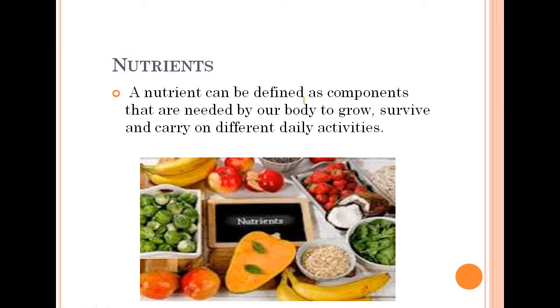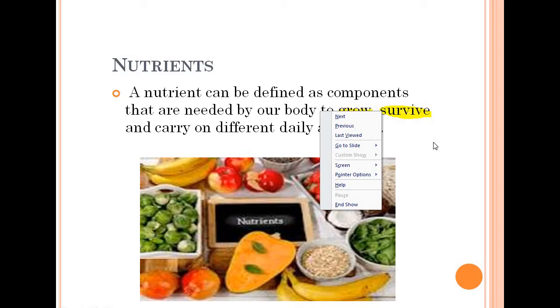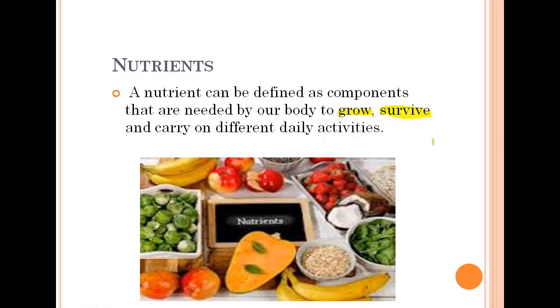So for growth and to survive, we need nutrients as they provide energy to us. As you can see in the picture, many food items have been shown like bananas, apples and coconut. All these contain different nutrients.